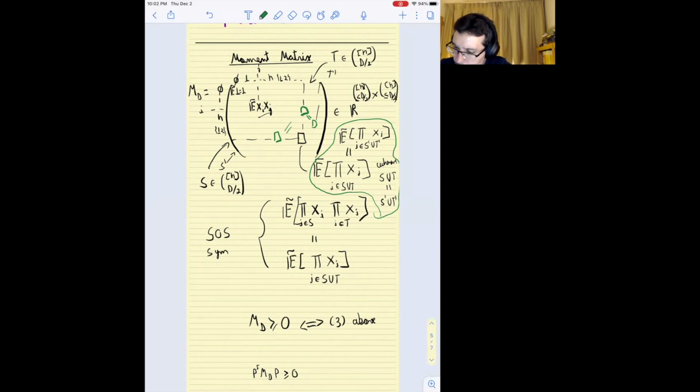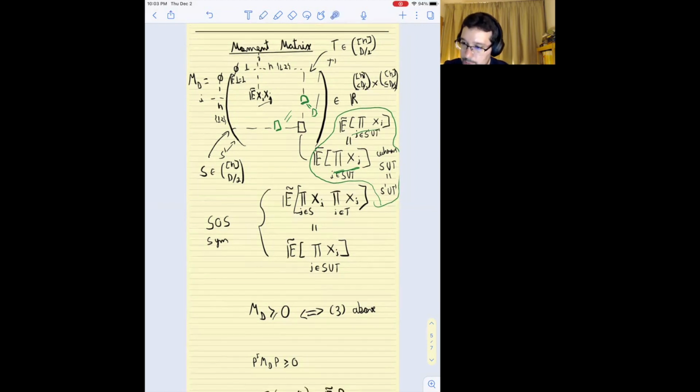And whenever the monomial that we see inside is the same, and several entries are going to have the same monomial, right, once you factor that things should be multilinear, then we force the entries to be the same. And that's called SOS symmetry. So we have this very big matrix and potentially some groups of entries that are set to have the same value because they represent the evaluation of the pseudo expectation on the same monomial. So very good. So that's what we have.